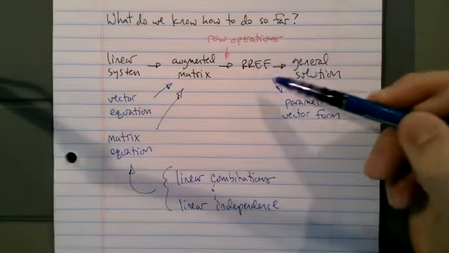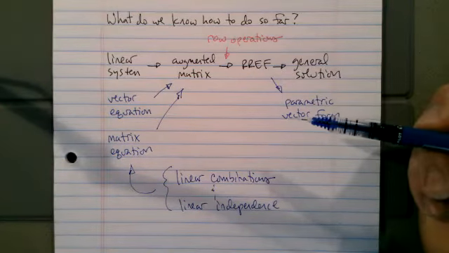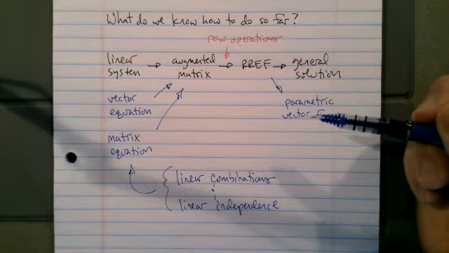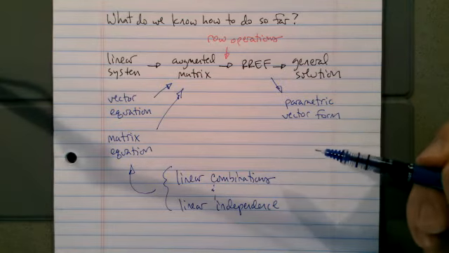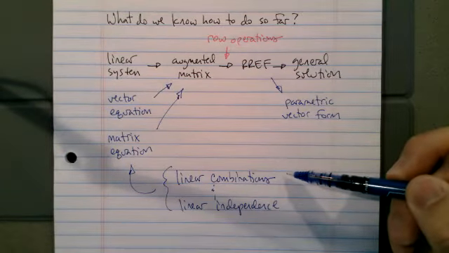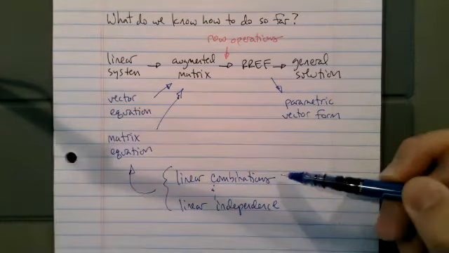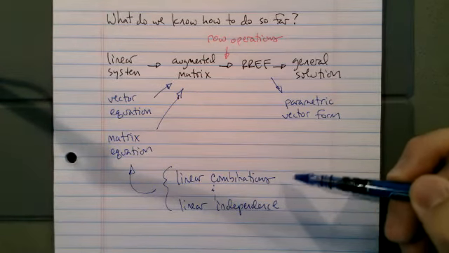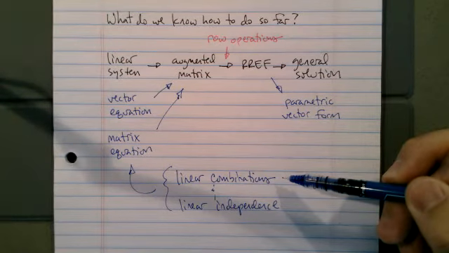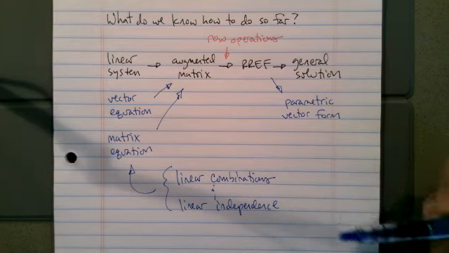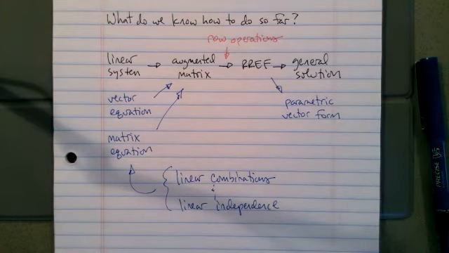And that's how we answer questions with the reduced row echelon form. One of the words that comes up when we're talking about linear combinations is span. The span of a set of vectors is also related to this linear combinations business. So here's the general picture of what we're working with.